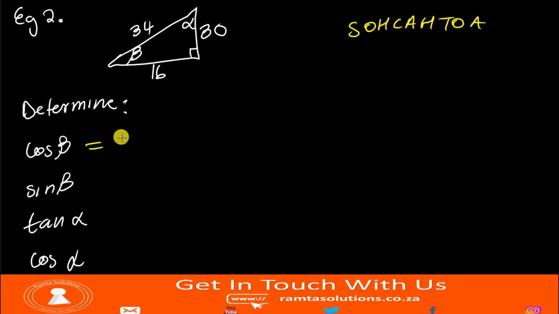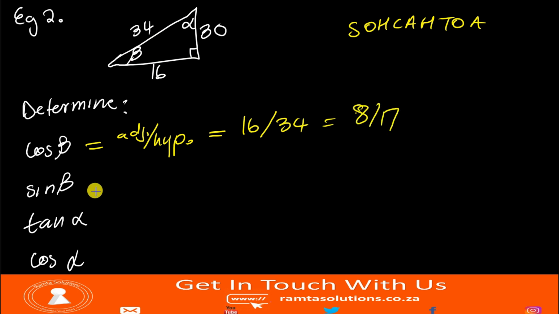So remember, it's adjacent. Let me write the formula maybe, so I can remind you. Adjacent over hypotenuse. What is that? Adjacent was 16. What is the hypotenuse? The side opposite the 90 degrees is 34. Do I have to round it off? Yes, I think I should. So this looks like it's 8 over 17. Yes, it's 8 over 17.